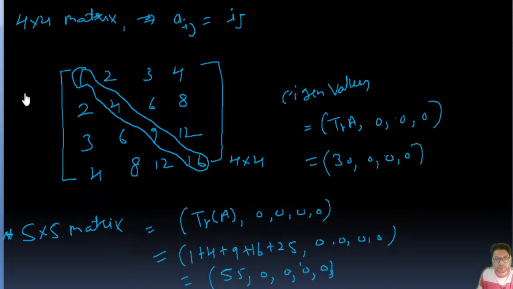So next, similarly for an n cross n matrix, if there is an n cross n matrix and Aij equal to Ij, okay? This is the condition, Aij equal to Ij.